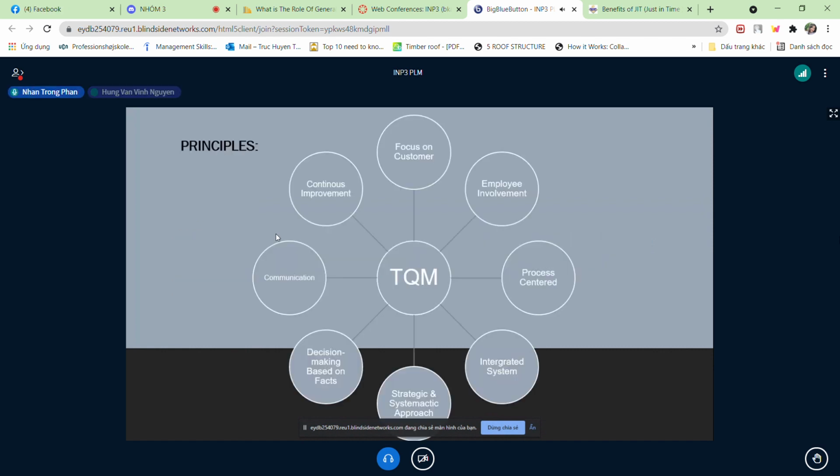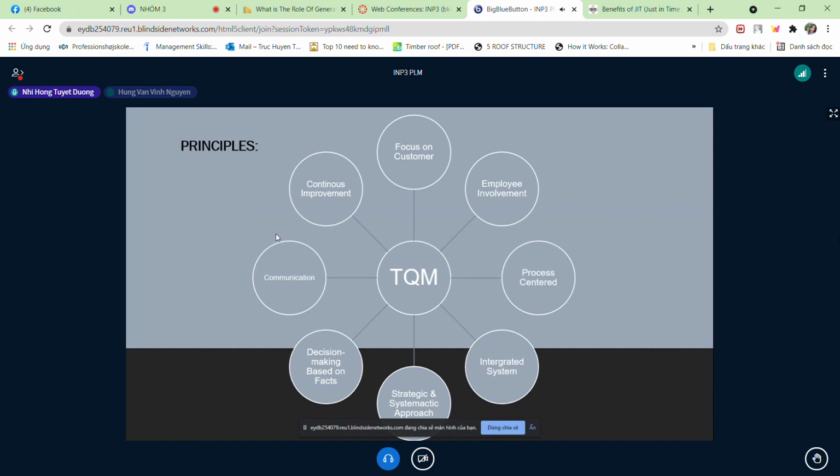Now let's talk about the principles. There are several principles of total quality management. The first one is customer focus, and the second one is employee involvement. Every person in an organization has a responsibility for the quality of products and services. The next one is center on process. A total quality management system will fail without a clear focus on processes and process-led thinking.